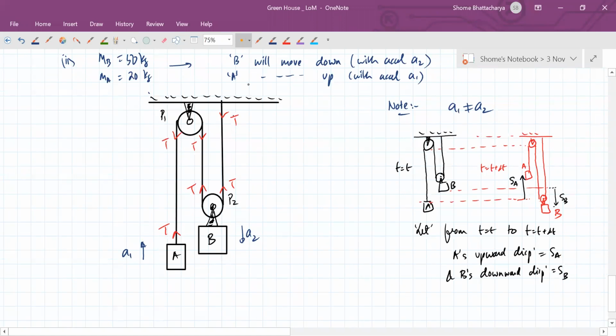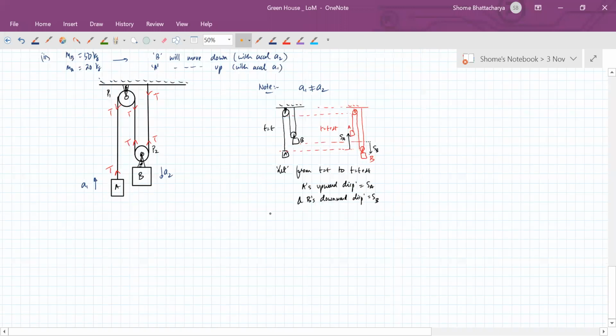Now we will find a relationship between SA and SB. There is a certain mathematical relation between SA and SB, and that is called a constraint relation. This is a new concept for us in Newton's laws.